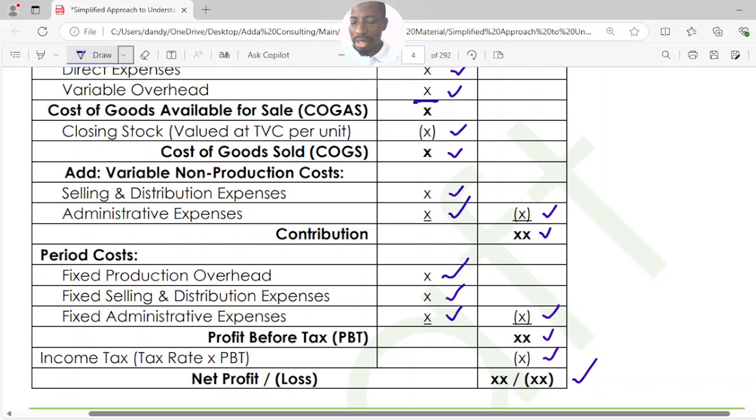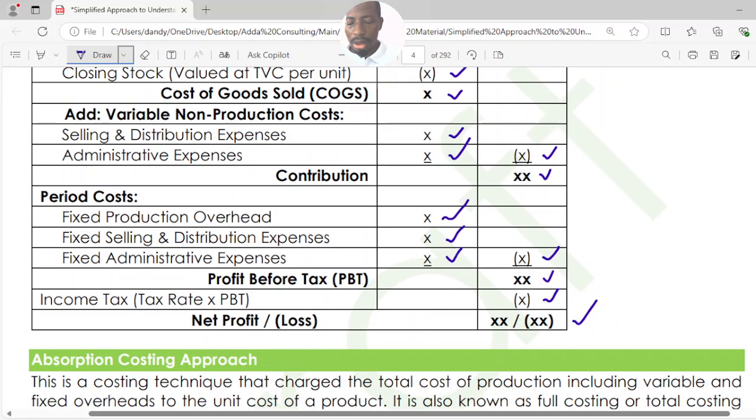Then I will find the difference between profit before tax and the income tax charged. The difference will represent either profit or loss. Whatever the case may be, that's how to calculate it.